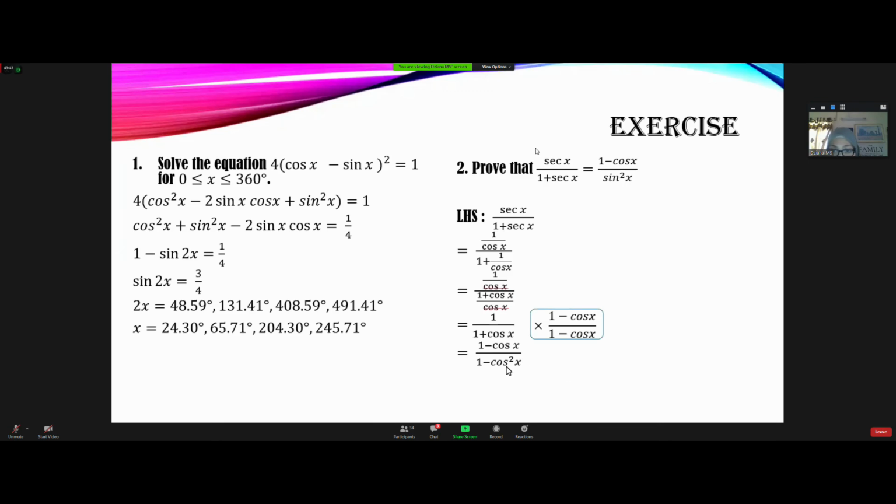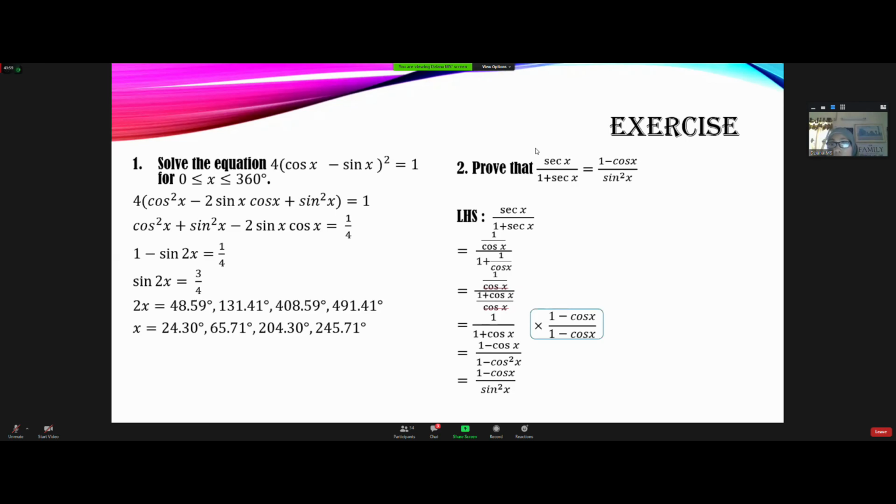Because 1 plus cos x times 1 minus cos x is 1 minus cos squared x, which using the basic identities is sine squared x. So I get 1 minus cos x over sine squared x. This is one of the methods.